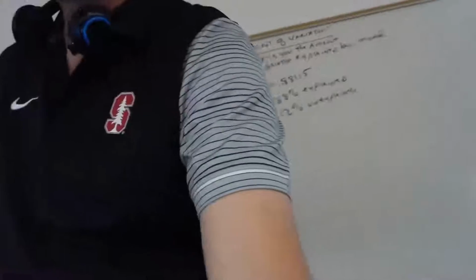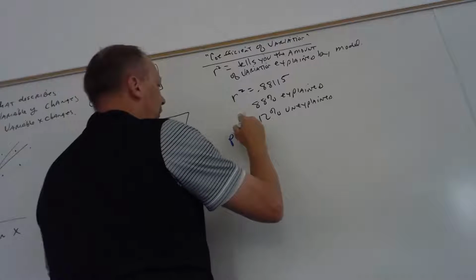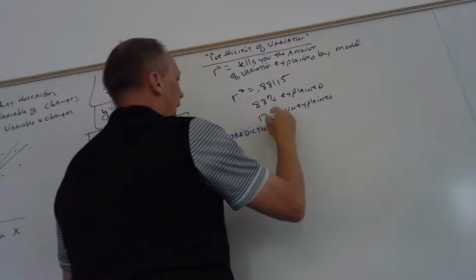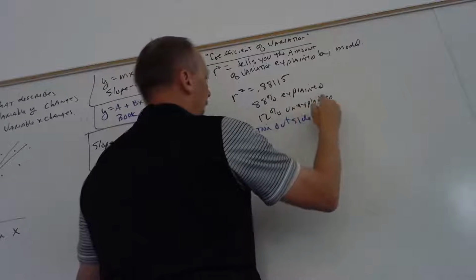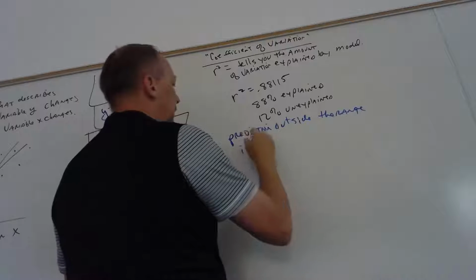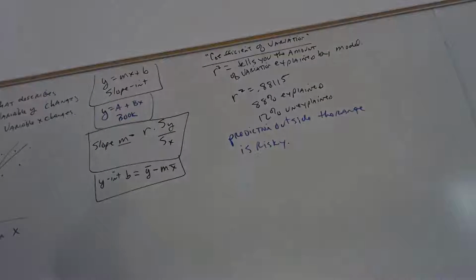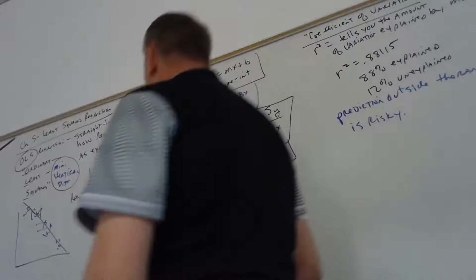So what I want to point out here is this right here: prediction outside the range is risky. Now, when we talked about the range here, let's go back to, we're going to pretend that that's my golf data.